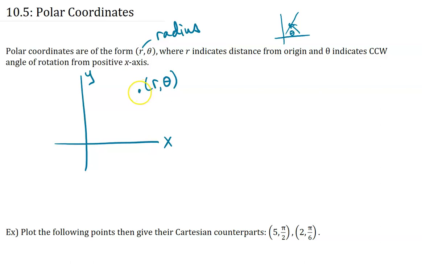So what we're talking about here is r is the distance from the origin. The origin here is called a pole, okay? So this distance here is r, and then the angle of rotation that opens from the positive x-axis, like I mentioned up there, by the way, this is called the polar axis. The positive x-axis is the polar axis, okay?